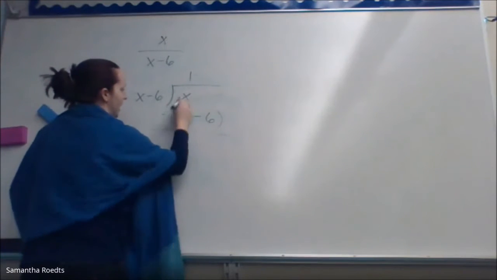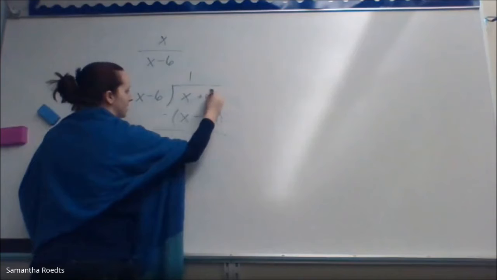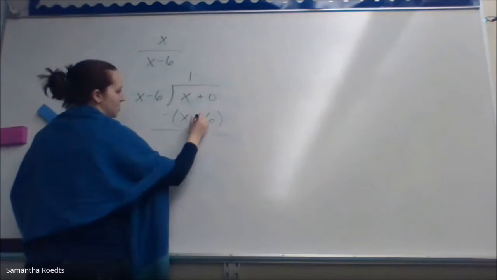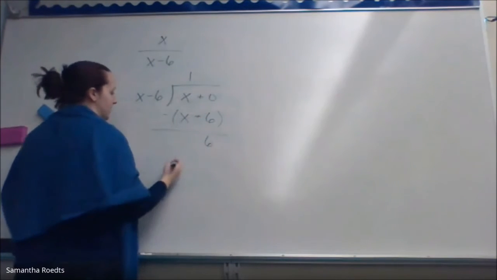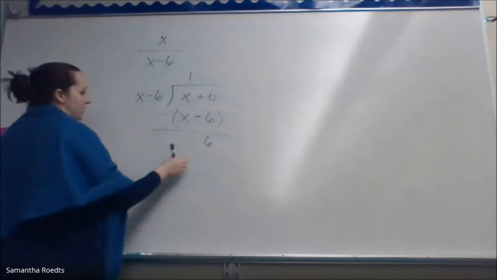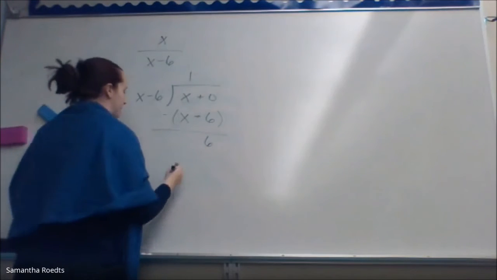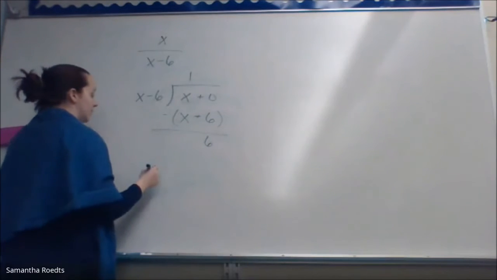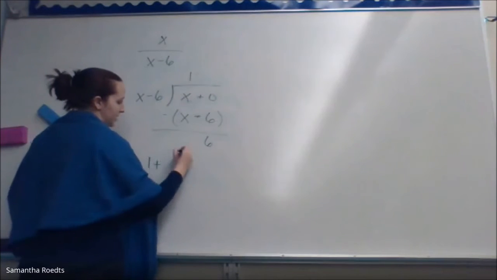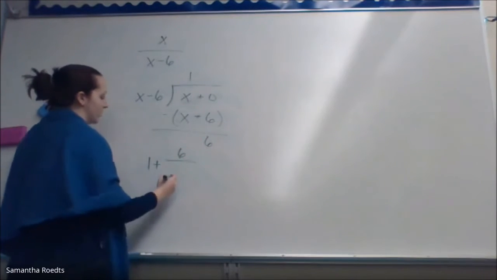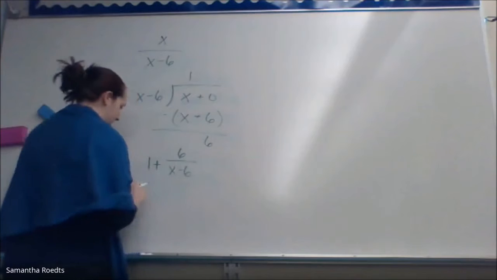I'm subtracting. x minus x is 0. 0 minus negative 6, so plus 6 gives me positive 6. So I have 1 plus 6 over x minus 6.